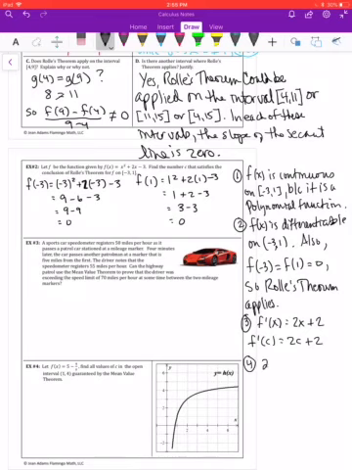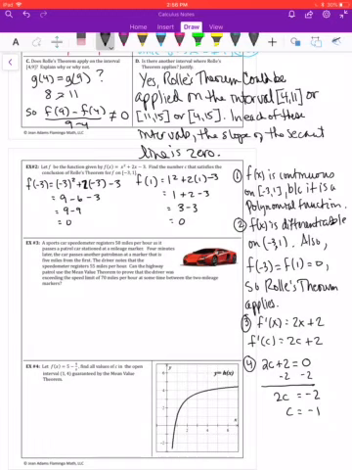And then lastly, set my f prime of c equal to the slope of my secant line, which would be f of 1 minus f of -3 divided by 1 minus -3. But you know that that numerator is going to give you 0, so I just set it equal to 0, because I knew that value was going to be 0. And this is telling me that this happens at c equals -1.